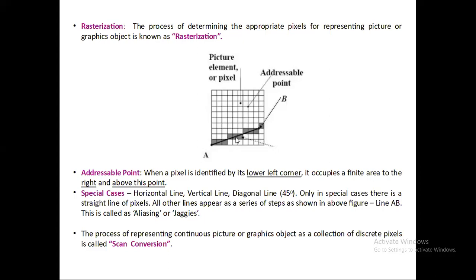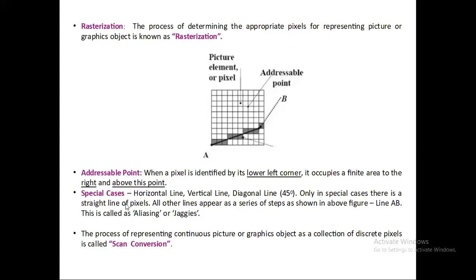Similarly, now it directly crosses this pixel, so this is also highlighted, and finally it reaches point B. But in this case also, point B is common to all these 4 pixels. So here also I have to check the addressable point. I will go to the right, I will go above, and then I will highlight this pixel. Okay, are you getting what is meant by the addressable point?